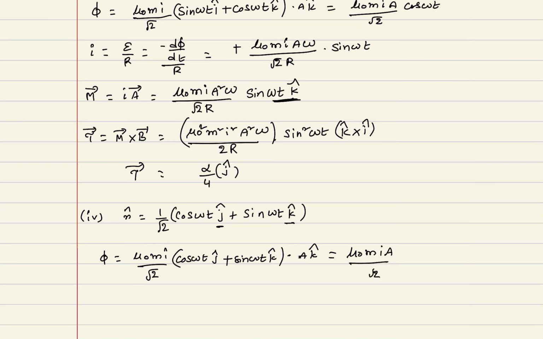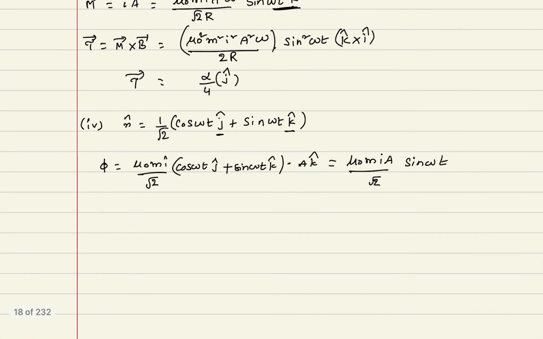You can write mu naught Mi A divided by root 2 into sin omega t. That is the flux. After writing the flux, we will write the induced current. That induced current value is I equals minus 1 by R into d phi by dt.